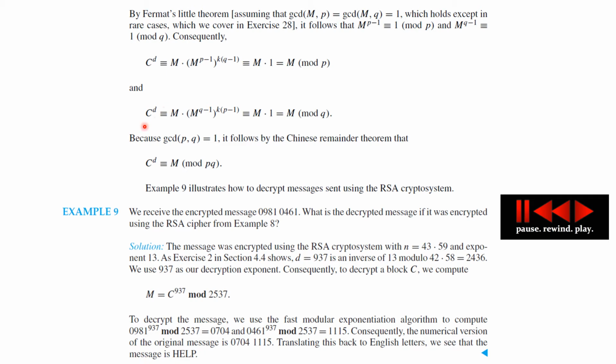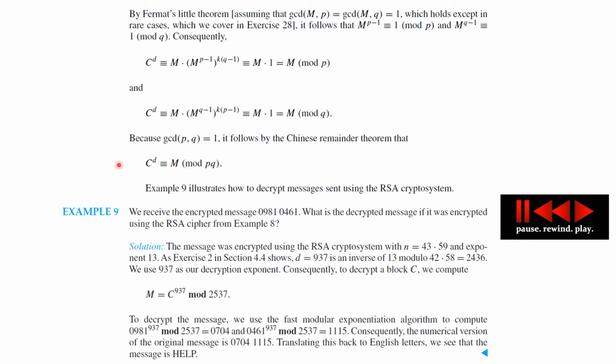And c to the d then is congruent to m times m to the (q-1)k(p-1), and that is m mod q. Now because the GCD of p and q equals 1, it follows by the Chinese remainder theorem that c to the d is congruent to m mod pq.